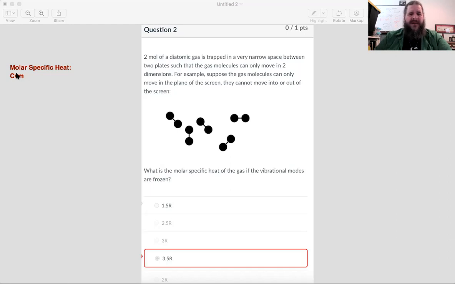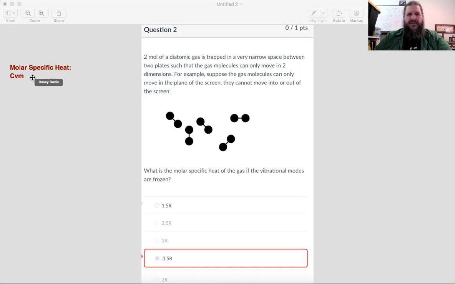We want the heat capacity of exactly 1 mole of the substance, which means we can probably ignore the fact that there are 2 moles. We don't care about the 2 moles. We want the heat capacity of 1 mole of the substance. And it says the vibrational modes are frozen out. How would the heat capacity of 1 mole relate to the number of modes?